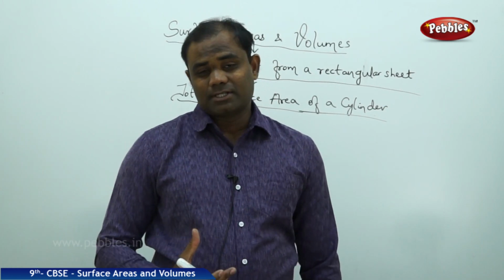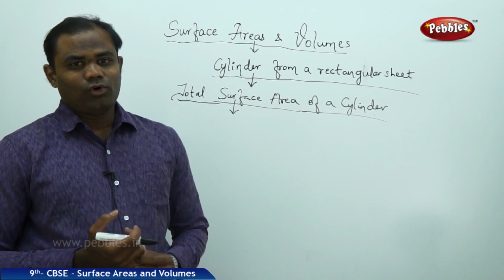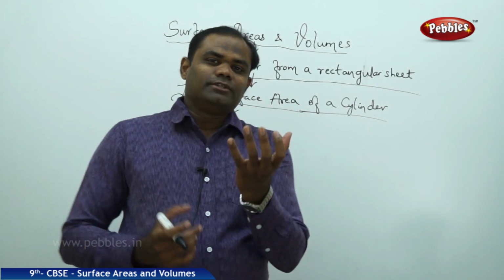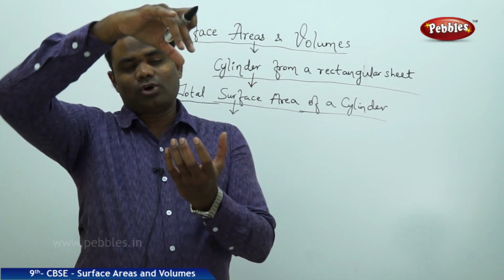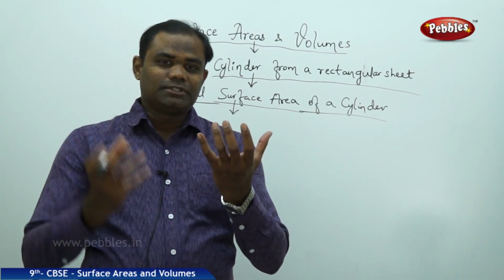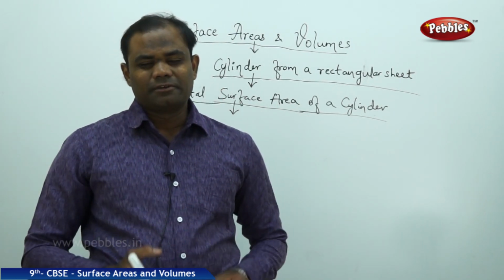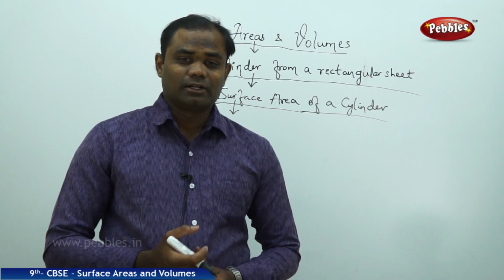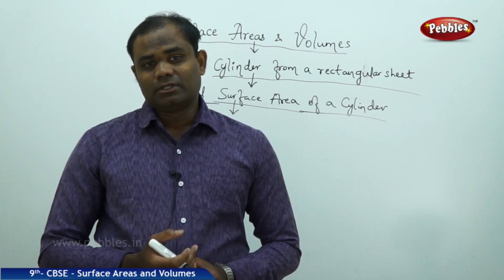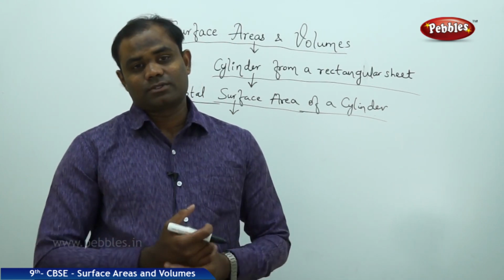Now that we have discussed curved surface area, there are other possibilities. What if I take a cylinder which is closed both on the top and the bottom lid? What if I have a cylinder which has a closed lid? So let's take the different cases of a closed cylinder. This session is about finding the total surface area of a closed cylinder.